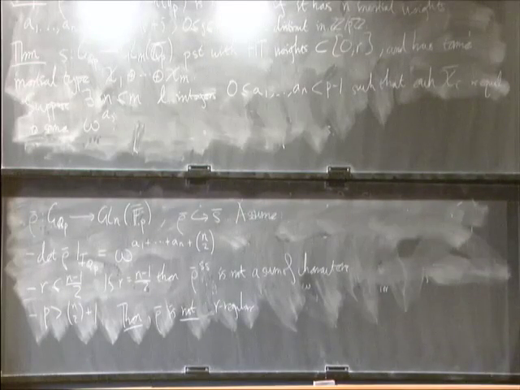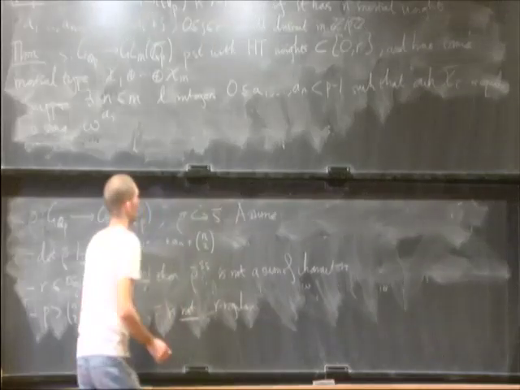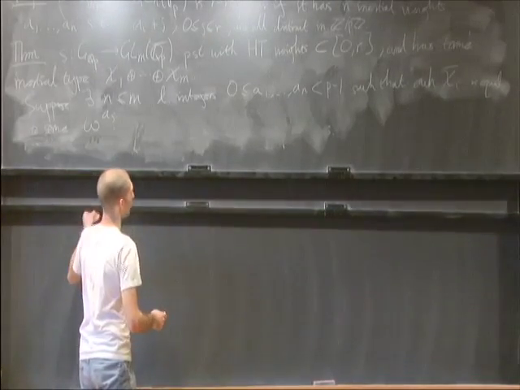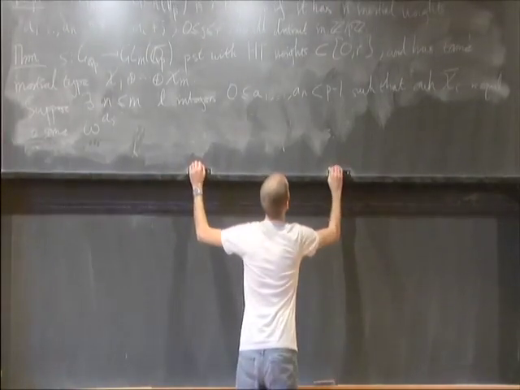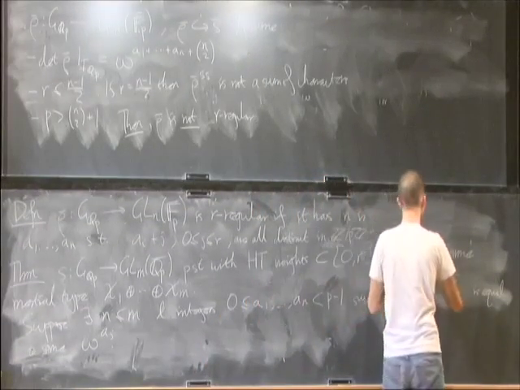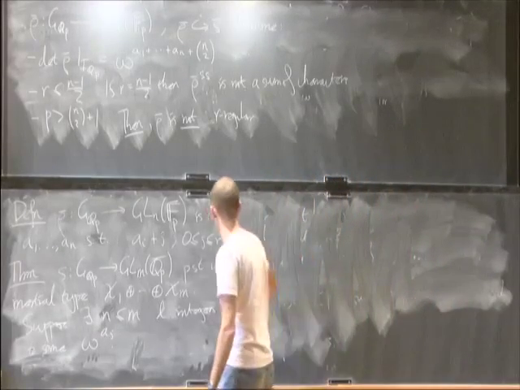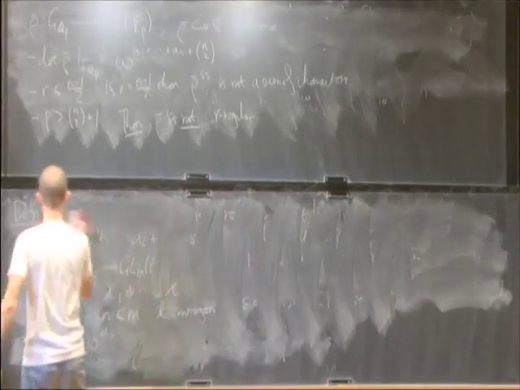OK, so Frank's question is where we use this condition here about the image. Roughly speaking, the strategy, the theorem I want to prove is something about when I localize at the maximal ideal M of the Hecke algebra.